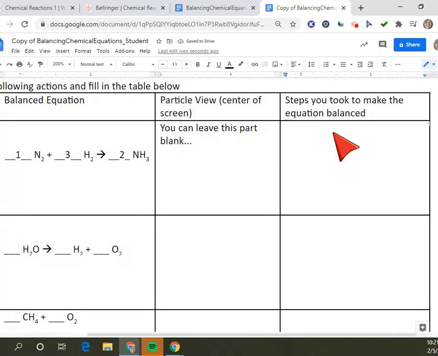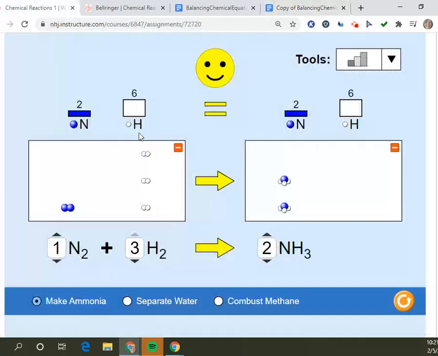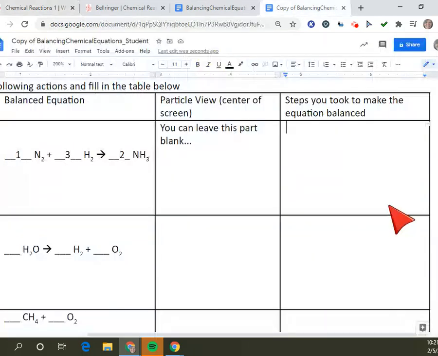But then over here, that might be kind of hard to come up with. So let's go back and think, what should we put there? Well, we saw that we only had 1 nitrogen in the product, so we had to show where the other one went to. That might be something.